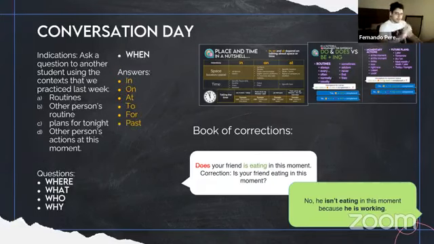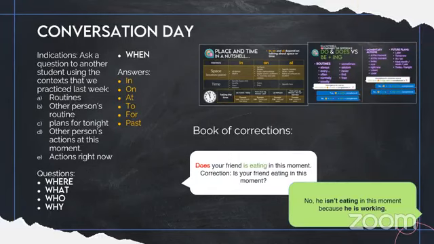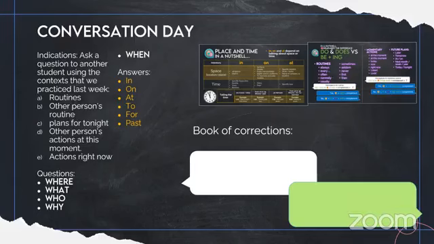Now, Arthur, ask a question to Valeria about her actions right now. Right now.